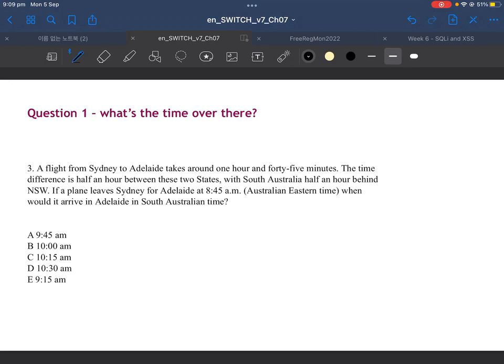This question seems a lot harder than it actually is, mainly because of the wording. But we have to get two things straight. When the plane leaves Sydney, it's 8:45, as stated in this line over here.